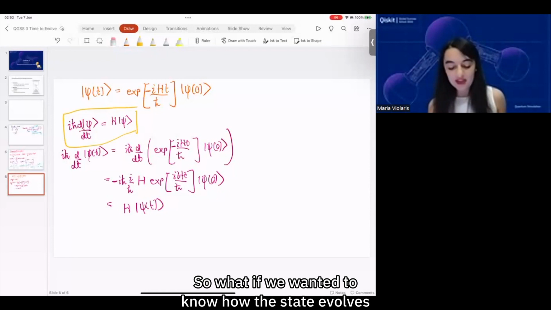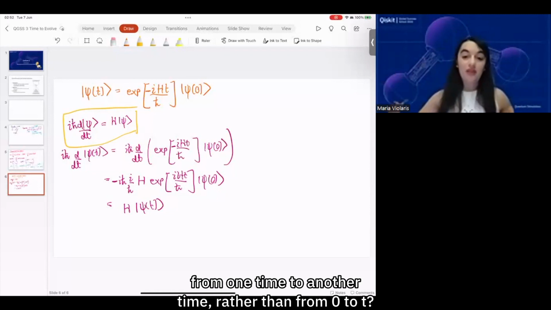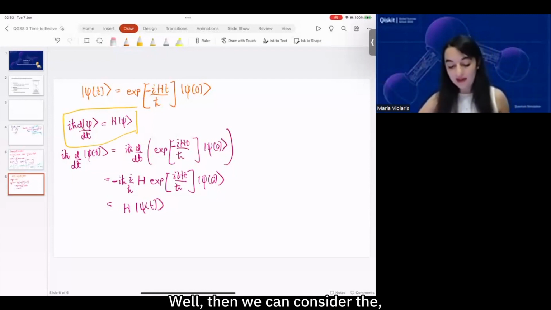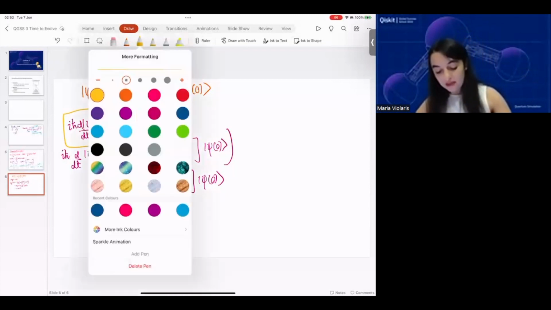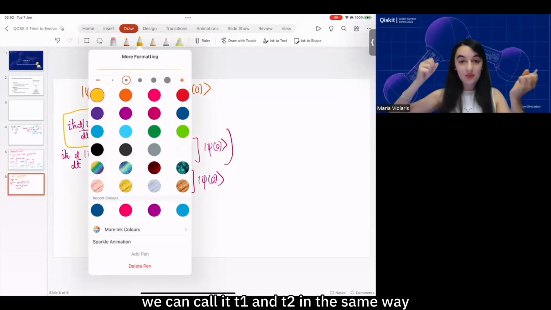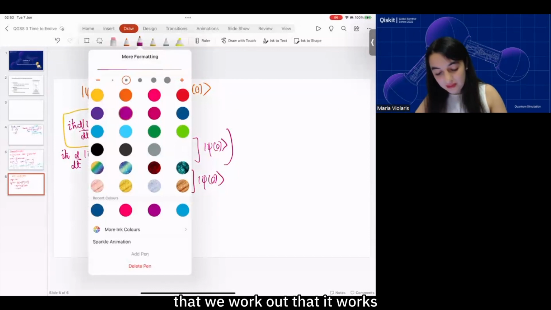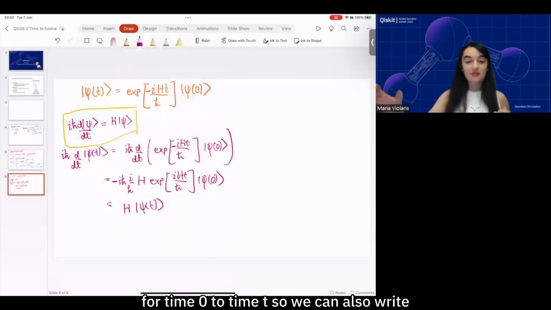So what if we wanted to know how the state evolves from one time to another time, rather than from 0 to t? It doesn't have to be 0 to t. We can call it t1 and t2, in the same way that we worked out that it works for time 0 to time t.